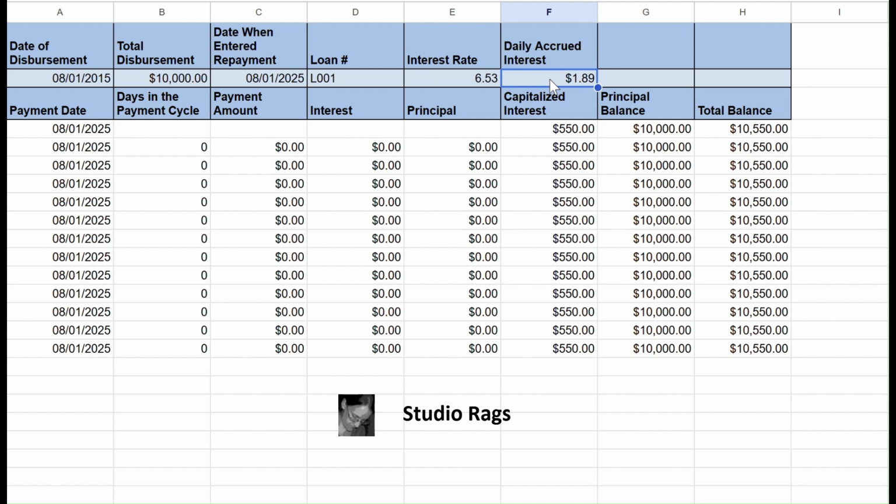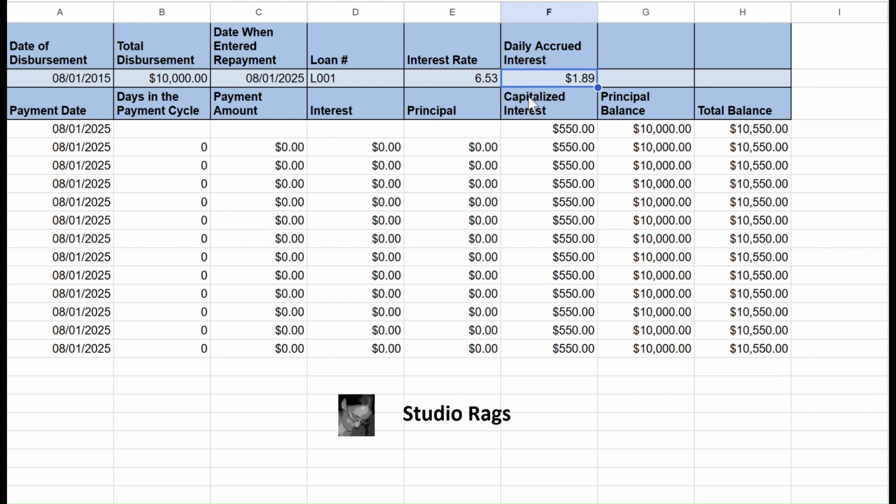So it's not like a simple interest loan where you know all of the interest costs ahead of time and then you're reducing that over time. This is an accrued interest, so it's calculated daily based on your balance. And I can show you how you can confirm what this daily accrued interest amount is.